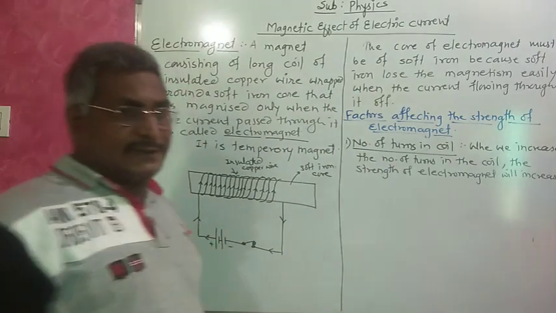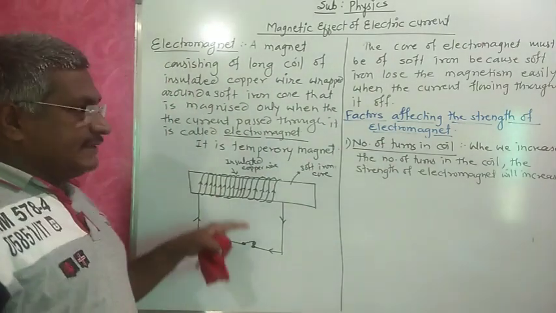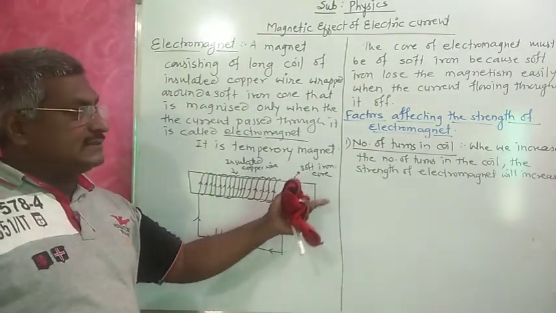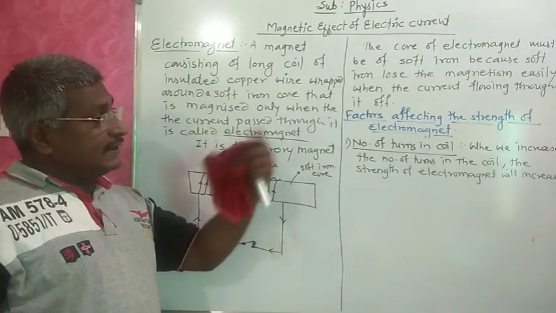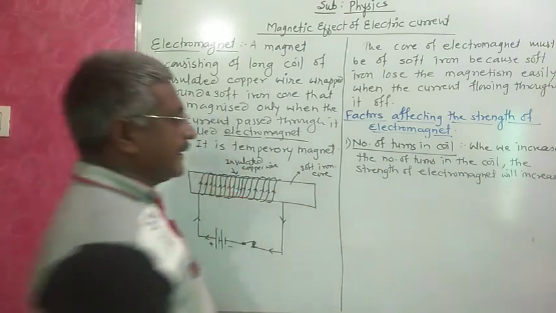This is the first factor, number of turns. If we increase the turns, the strength of the electromagnet increases. Decrease the turns, the strength of the electromagnet decreases.